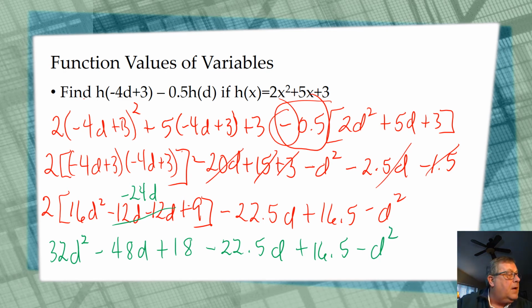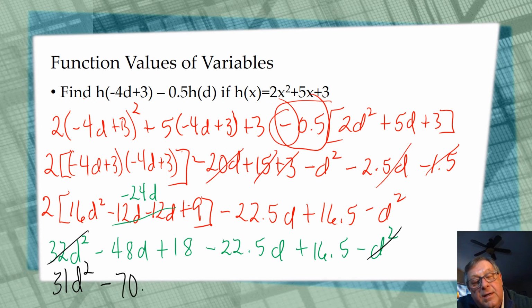Now let's combine the like terms. All right, 32d squared minus d squared gives me 31d squared. And negative 48d minus 22.5d, let's see, 22 and 48 is 70, 70.5. It's going to be negative 70.5d.